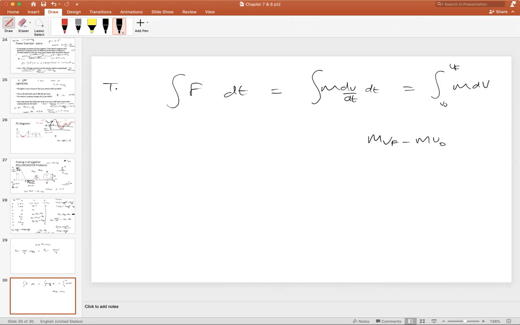This is something called an impulse, and the impulse is force times time. But force times time is equal to the change in something called momentum. And momentum is simply the mass times the velocity.